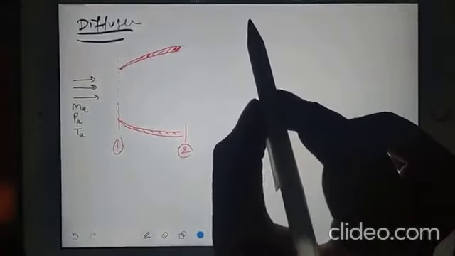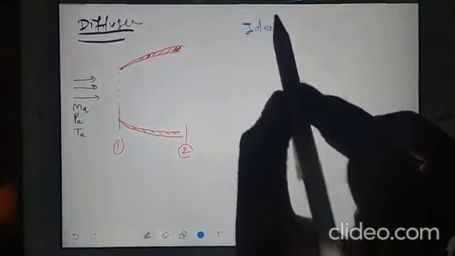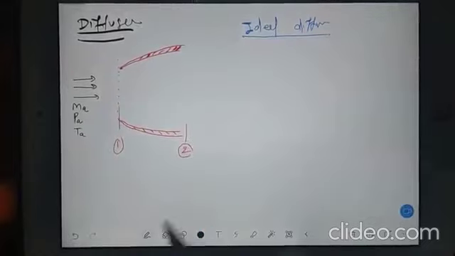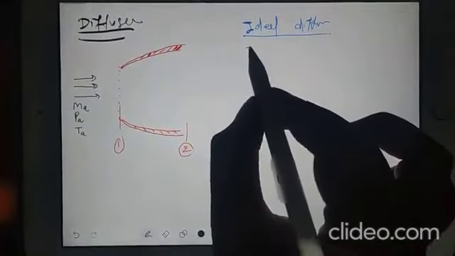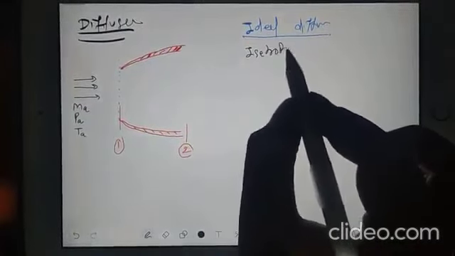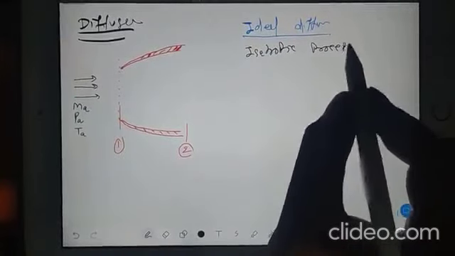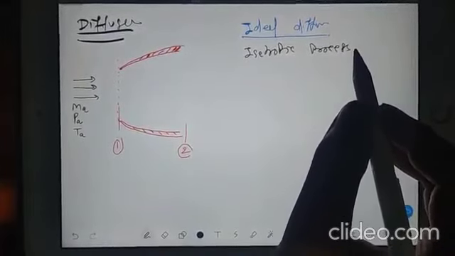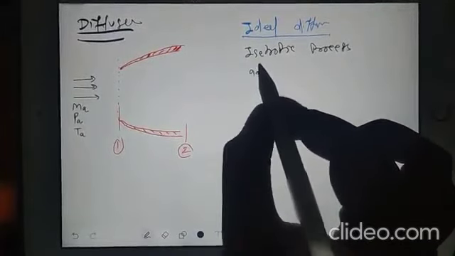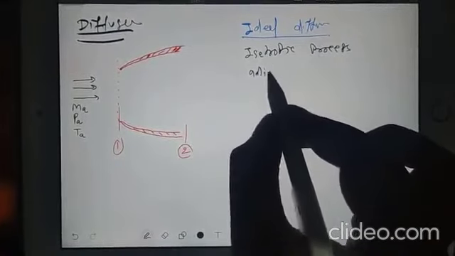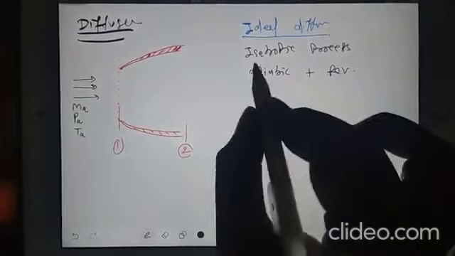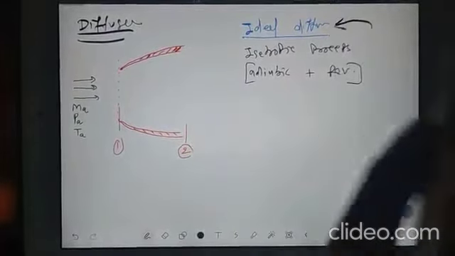So we will understand what an ideal diffuser is. Actually, what is an ideal diffuser? Isentropic process. What does it mean? It means no heat supply and reversible. So when the diffuser has adiabatic nature and is reversible, meaning no friction, then we say those are ideal diffusers.